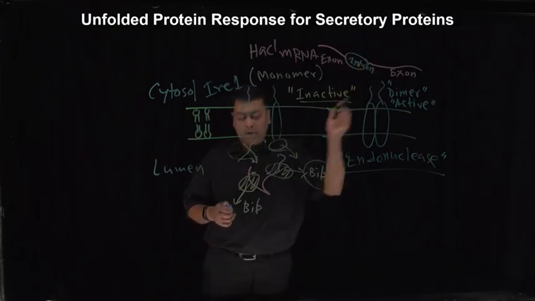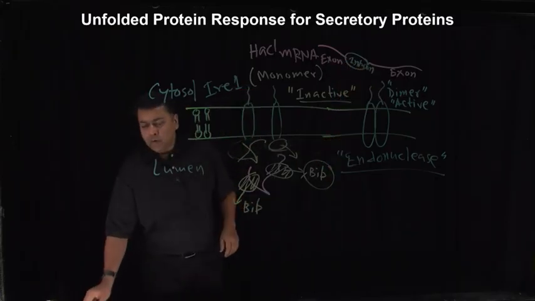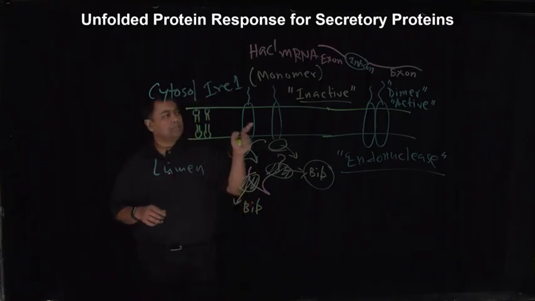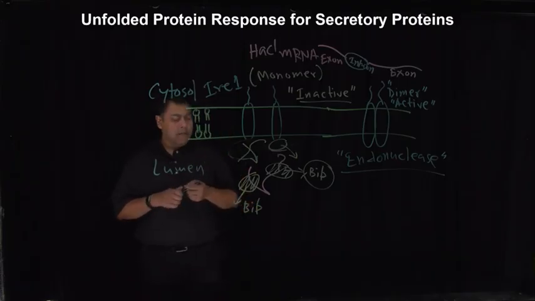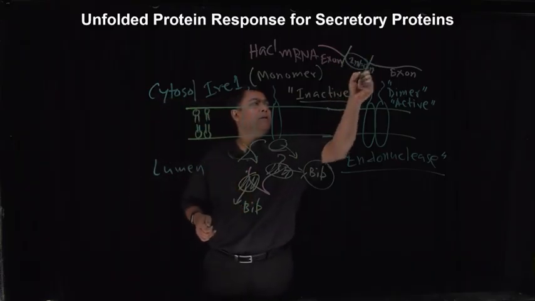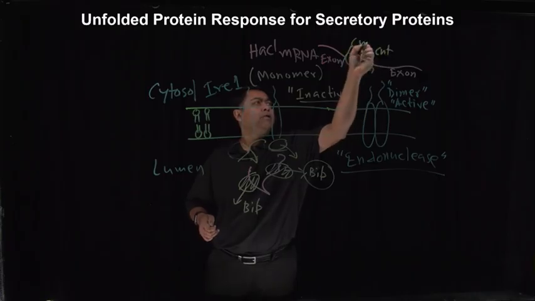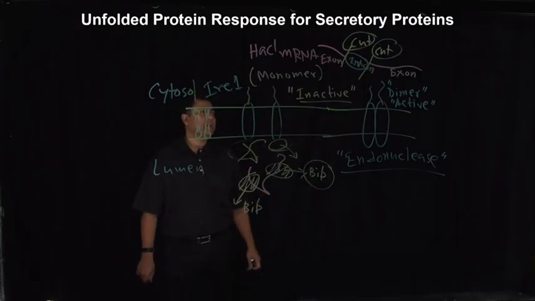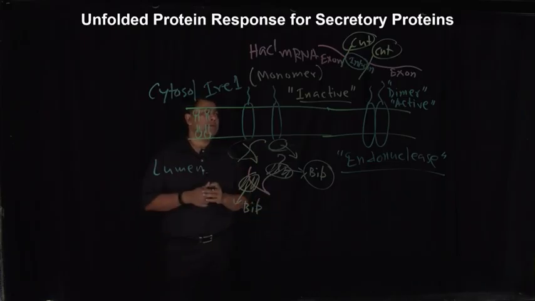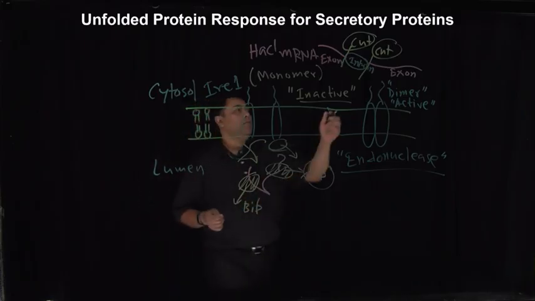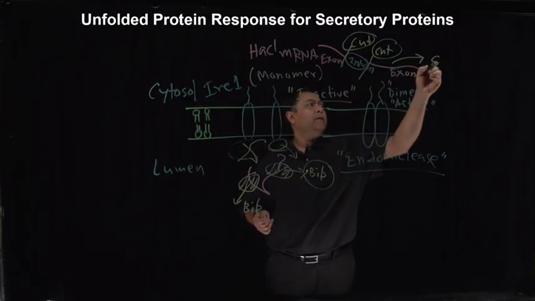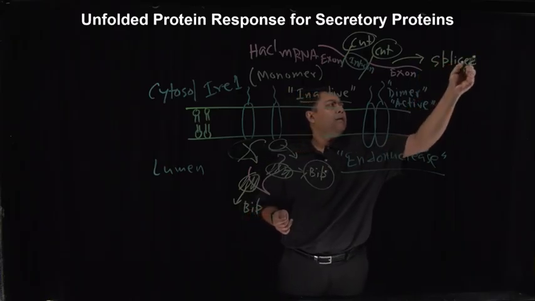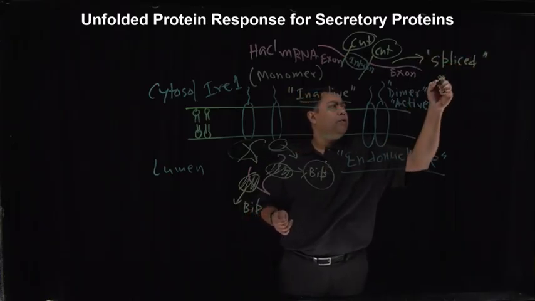Intron. So this is in unspliced format. What the endonuclease does is that it will cut right here and splice the intron out, and the exons will join.